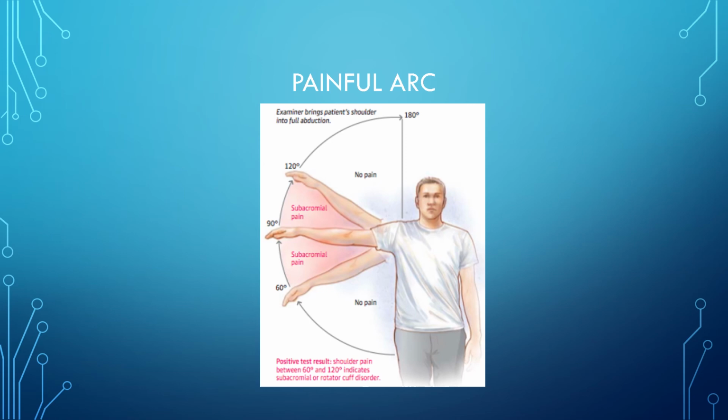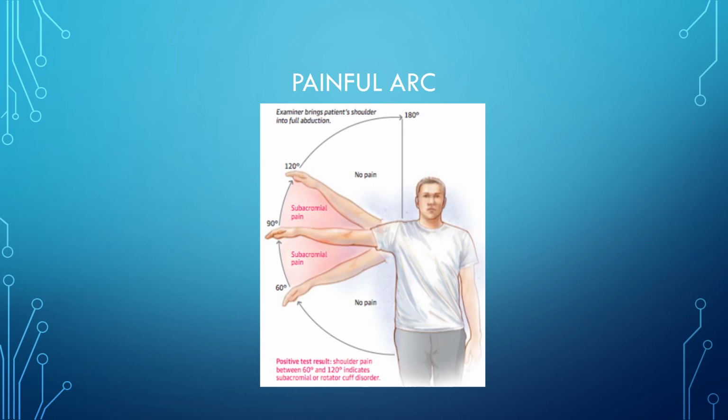And this is due to the tendon movement and the bursa, and this is where you get rubbing of the supraspinatus tendon or the rotator cuff against the subacromial bursa, causing pain or impingement. And then beyond 120 degrees, that whole space is opened up again.